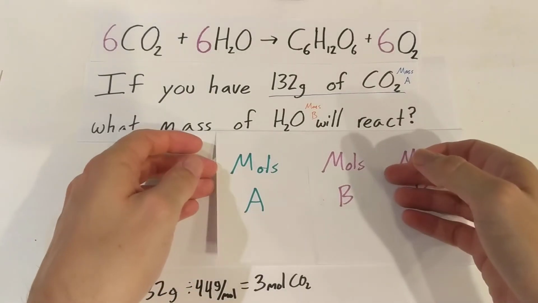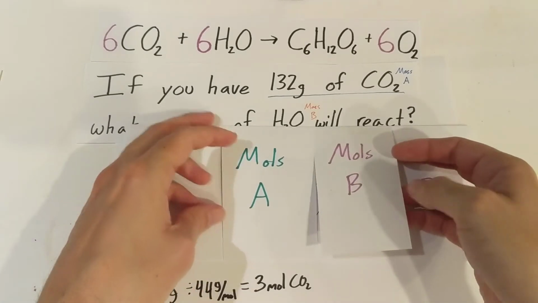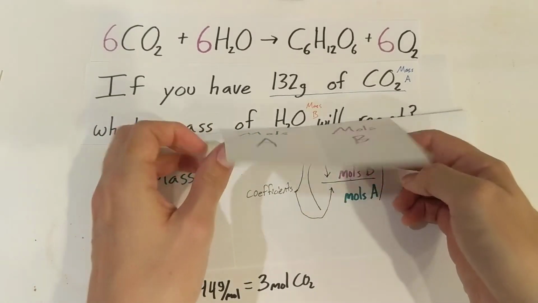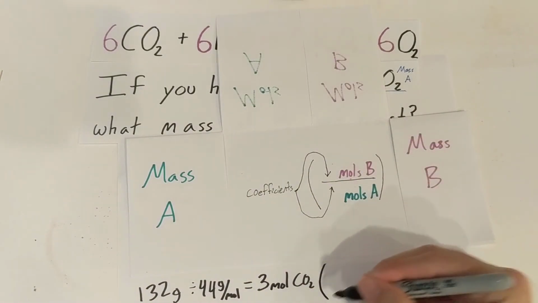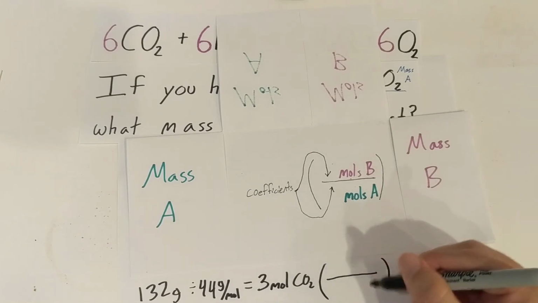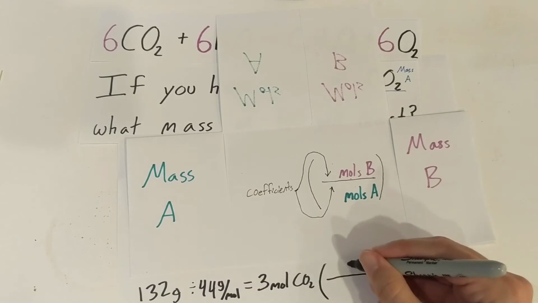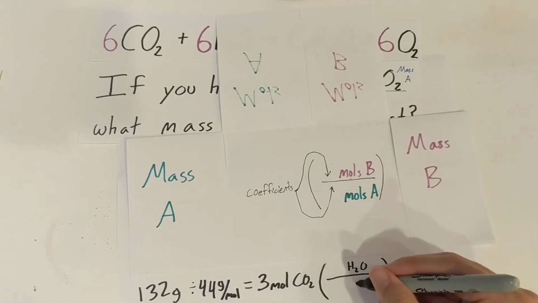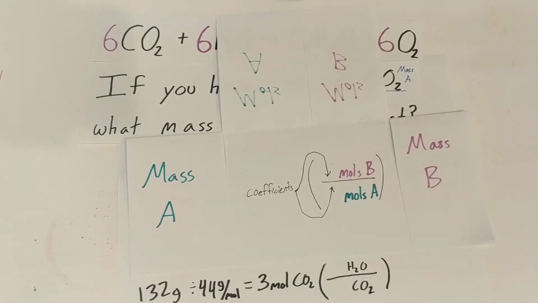If I flip these two up, because now I want to get to moles of water, it tells me how to get there. So I need to multiply by my coefficient on water on top and my coefficient of carbon dioxide on the bottom. So we'll put water up here and carbon dioxide on the bottom.